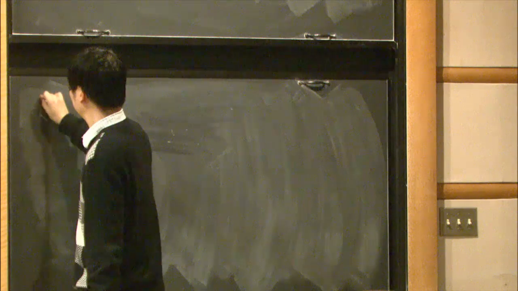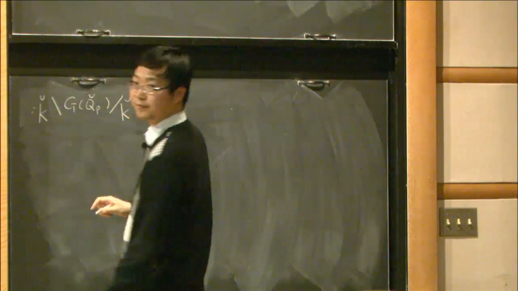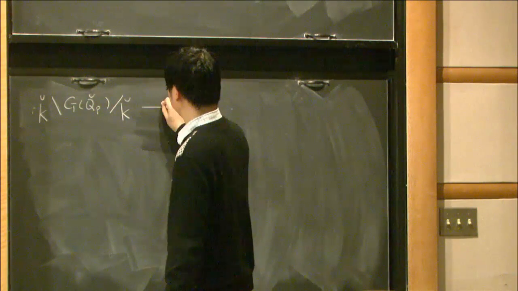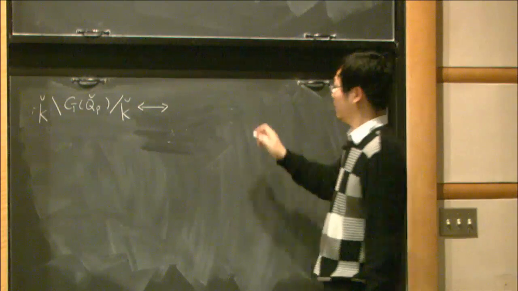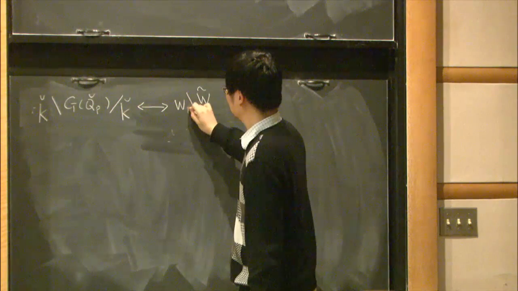OK, so what is this one? This one is in natural bijection with a double coset of the Iwahori-Weyl group.